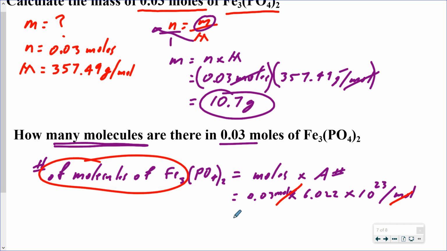This ends up being a really big number as well. Avogadro's number is a big number. If you had 1 mole, that's how many individual molecules of iron 2 phosphate you would have. But we only have this many moles, so multiplying those two together, it works out to 1.81, rounded, times 10 to the 22 molecules. Again, a really, really big number that we're talking about.